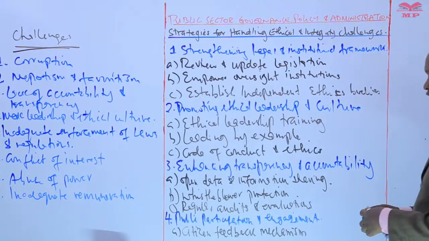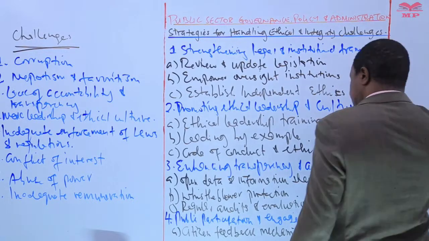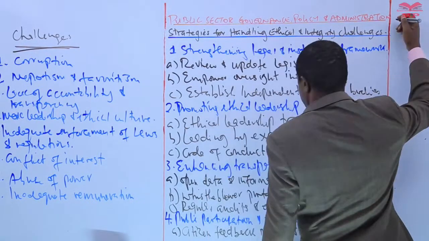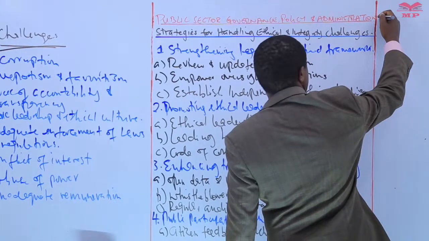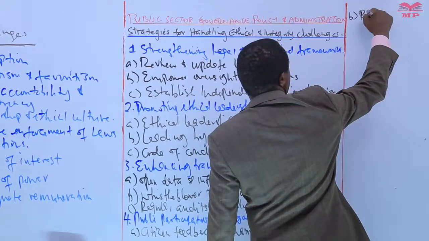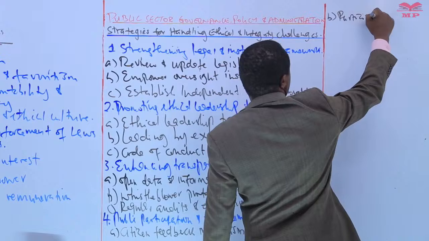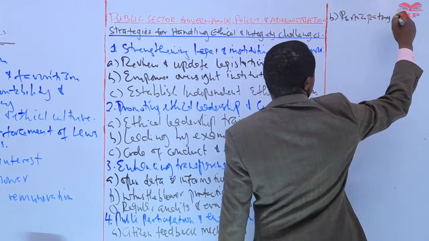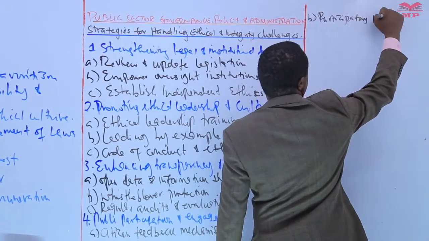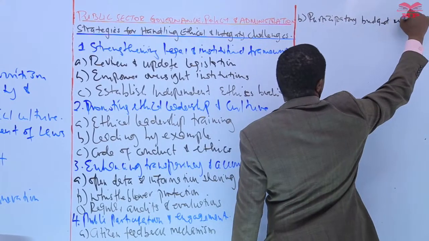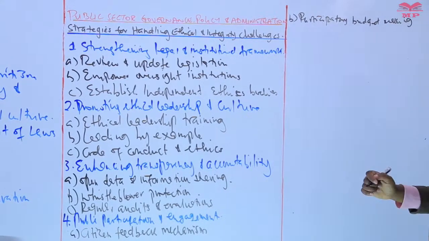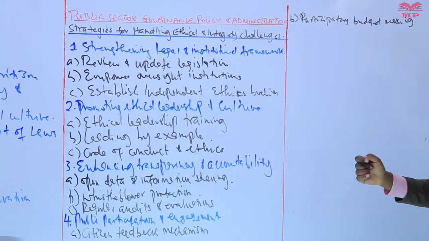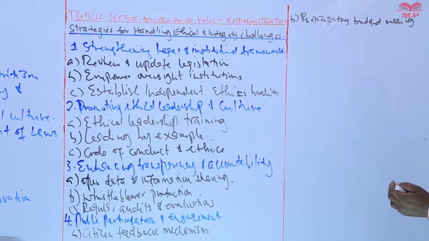Another way is through participatory budget making. This is B, participatory budgeting.